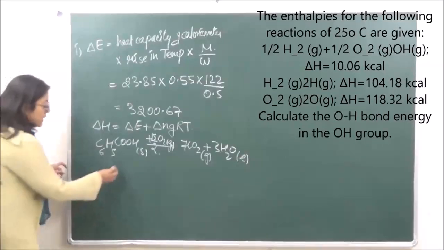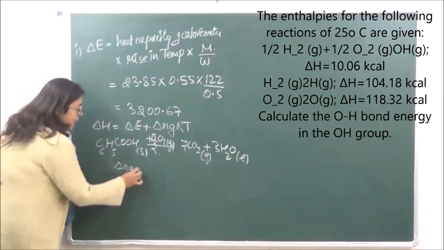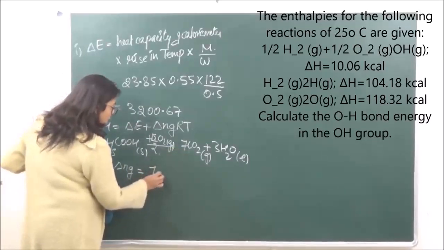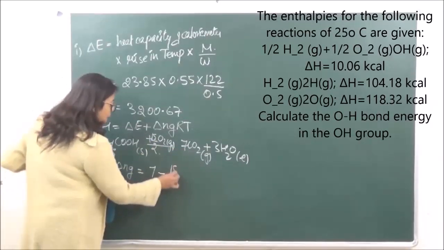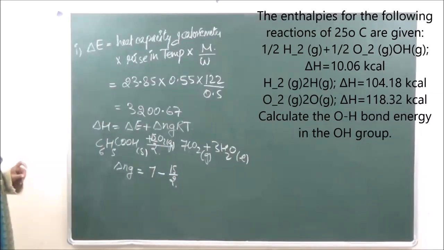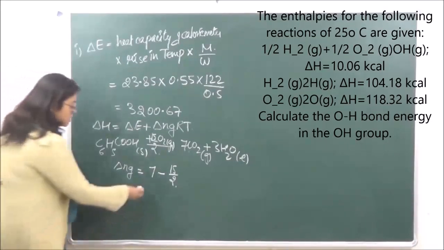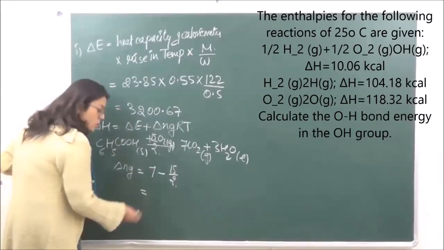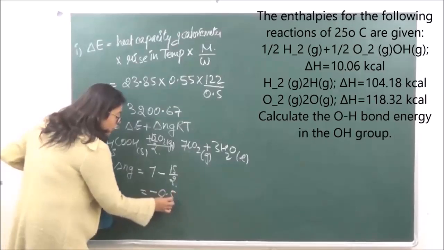So what is going to be the value of delta Ng, products minus reactants? There are 7 moles of products present and 15 by 2 moles of oxygen present. So it is going to come as 14 minus 15, that is minus 1 by 2. So it will come as minus 0.5.